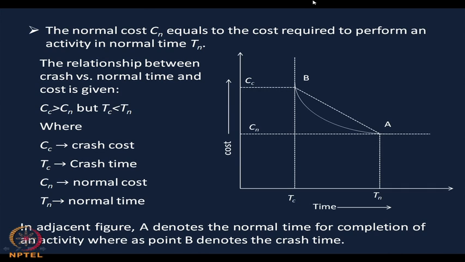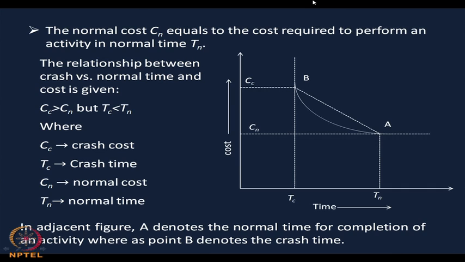The relationship between Cc and Cn is that Cc must always be greater than Cn, that is, crash cost must be greater than the normal cost, it is obvious. Whereas the crash time should be less than the normal time, that is Tc should be less than Tn, and that we have shown over the figure.